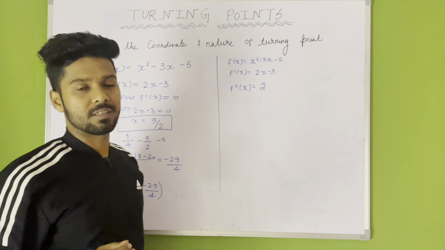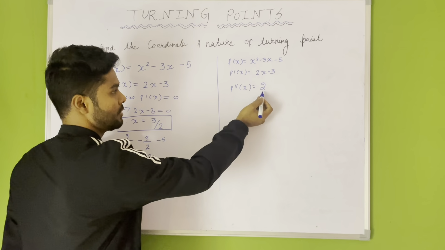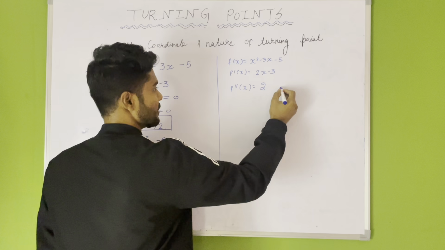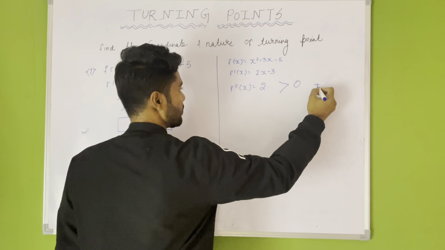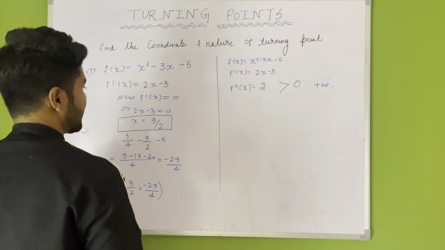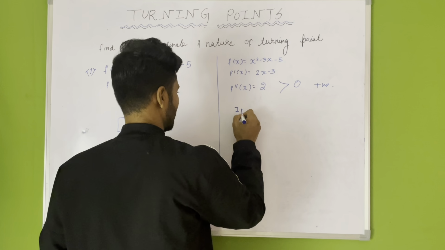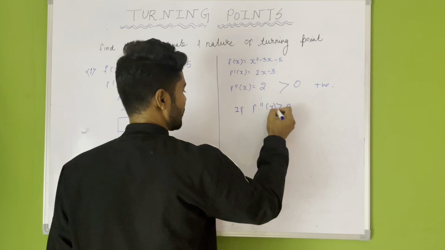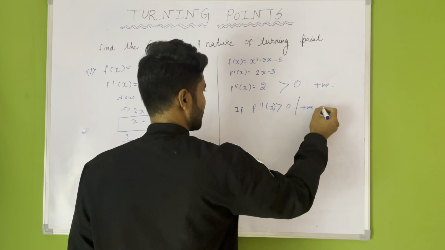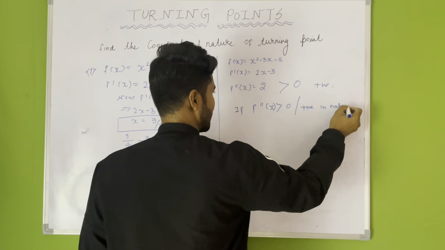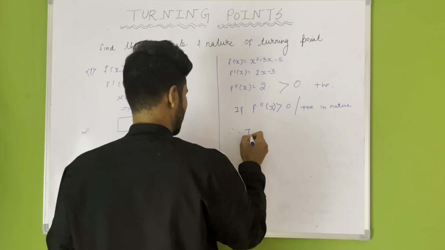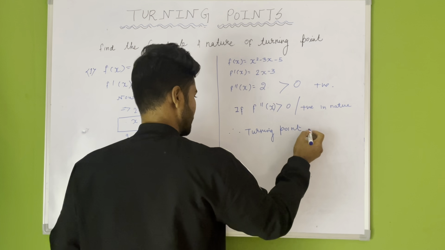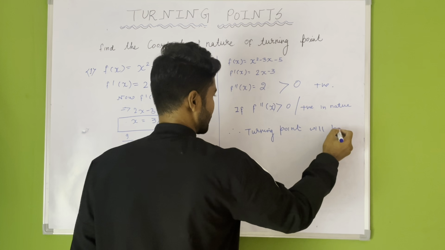This 2 is constant, no variable attached with this 2. That means whatever value we put, it will always come 2. That means this is positive in nature, or greater than 0. Then, as I have already discussed, if f double dash x is greater than 0 or positive in nature, therefore the turning point will be minimum.